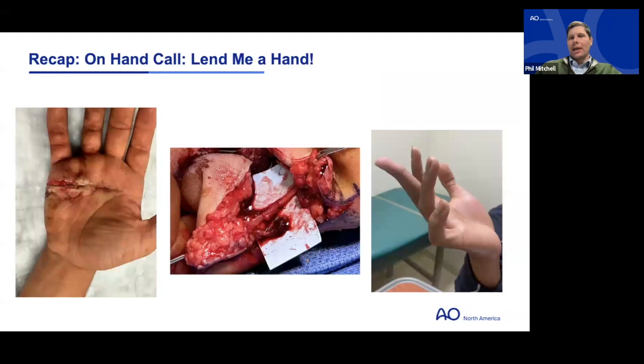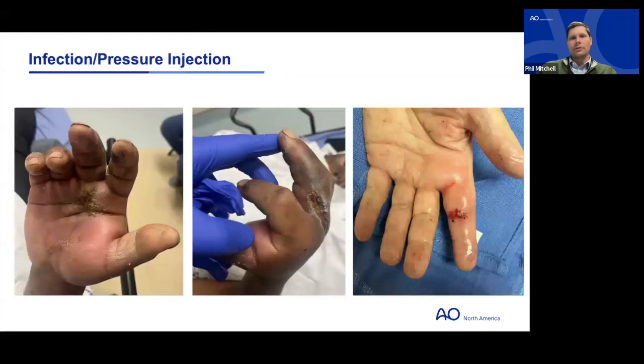Just a very quick recap. We did hand call last month, an unbelievable session. I think tonight is going to be even better. But if y'all want to watch again on YouTube, we went through a number of different types of cases. We went through a traumatic laceration to the hand, talked about how that was managed, how hand surgeons use a microscope to repair tiny nerves in the hand and all the different structures that are involved there.